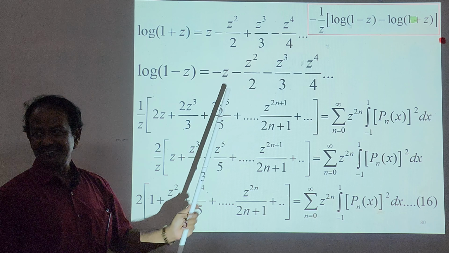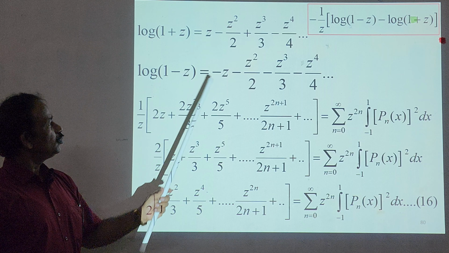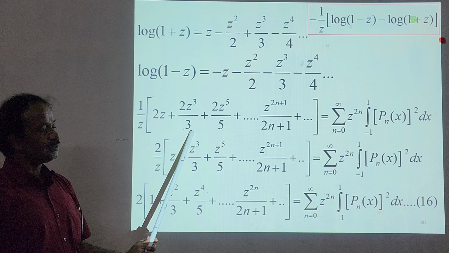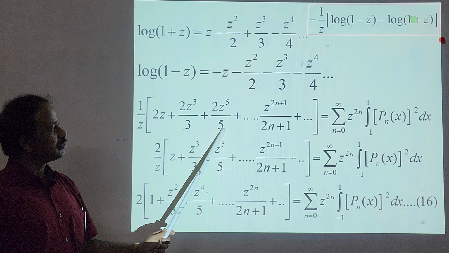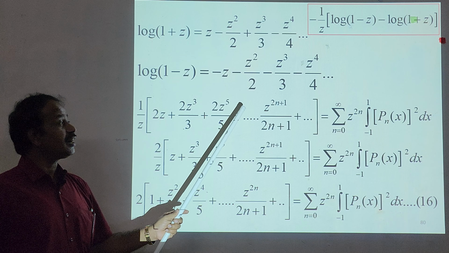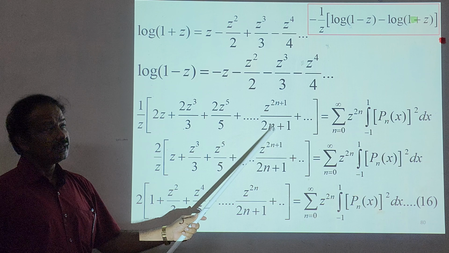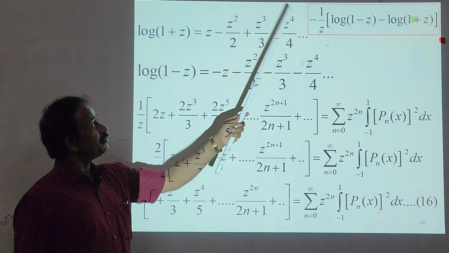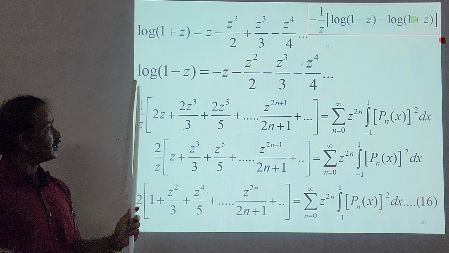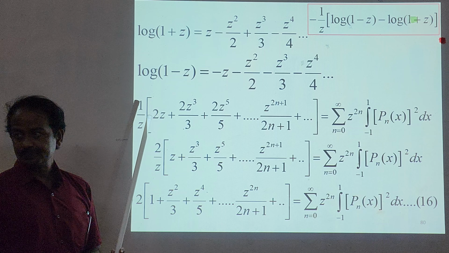This one and this one will cancel. So you now have 2z plus 2z cube by 3 plus 2z to the power 5 by 5 and goes on. The last term will be z to the power 2n plus 1 divided by 2n plus 1. And of course the minus sign we have taken, we have subtracted already, so the minus sign will cancel, you have 1 by z.